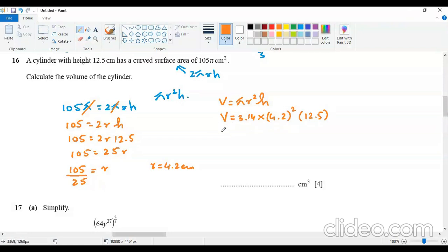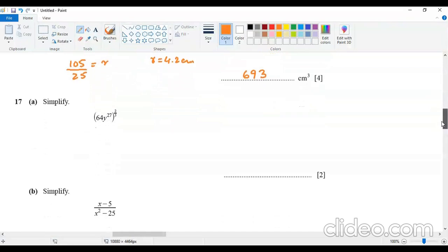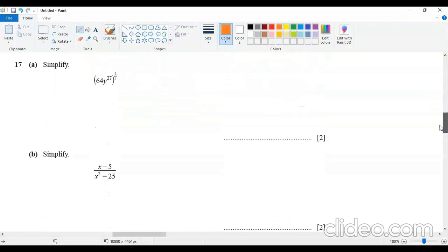When these values are put in the calculator, you will get volume equals 692.7, or as a final answer you can say 693. Now comes question number 17.